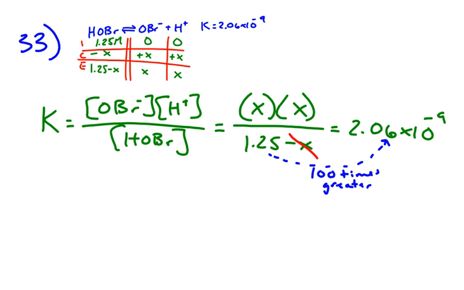Because when we start canceling things out, I'm going to show you and prove to you that if I cross this out and I have less than 5% difference in my final answer, crossing it out and not crossing it out, then I'm okay. But what does crossing things out do for me? It eliminates the quadratic formula, which is a really big deal because I don't want to do it. Not that we can't do it, but that's just more work. That's not necessarily all that needed.